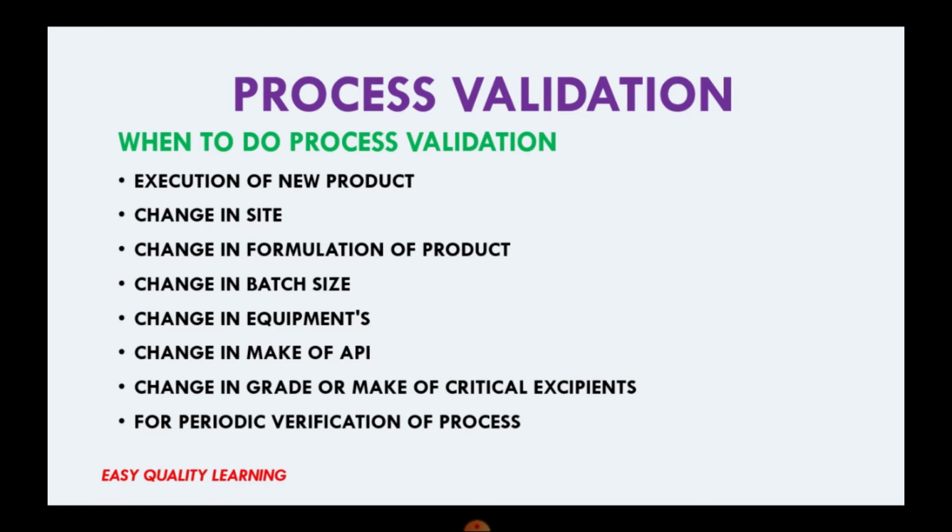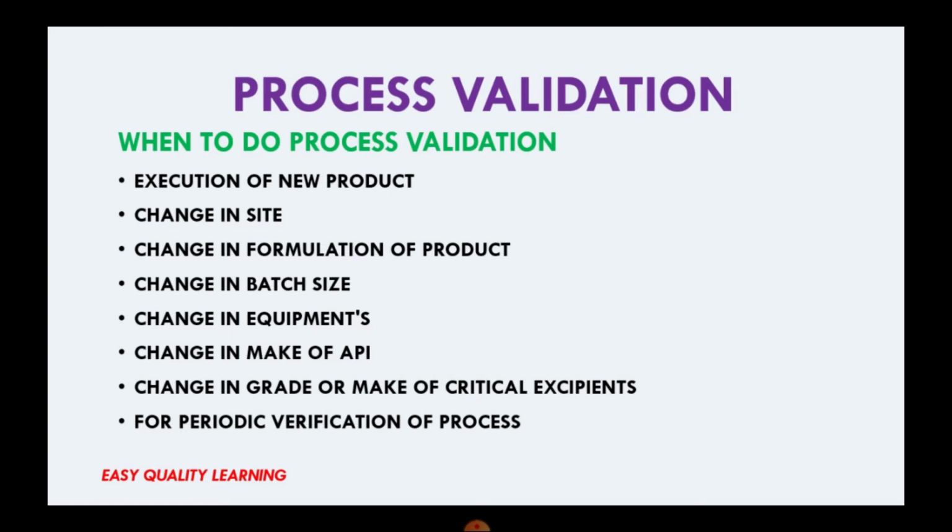Critical excipients means, let us suppose you are making sustained release tablets, and you are changing the grade of your polymer. Let us suppose earlier you were using HPMC K100M from X make, and now you want to use it from Y make.